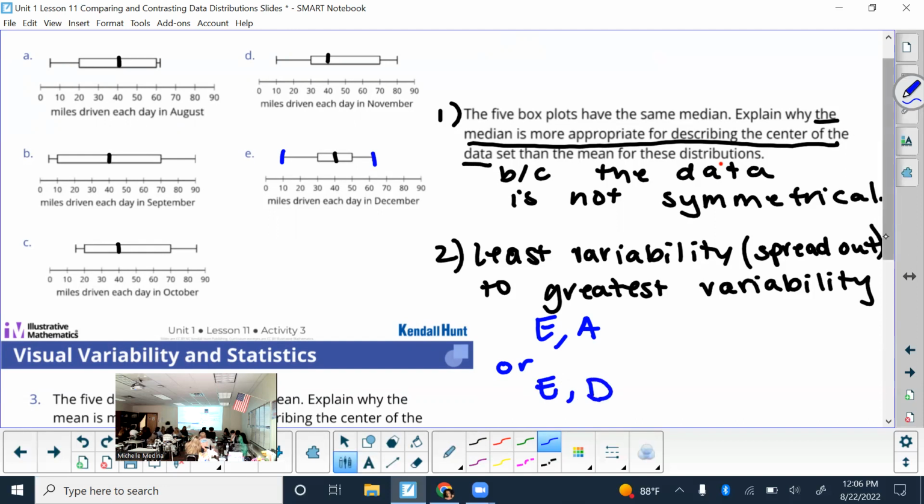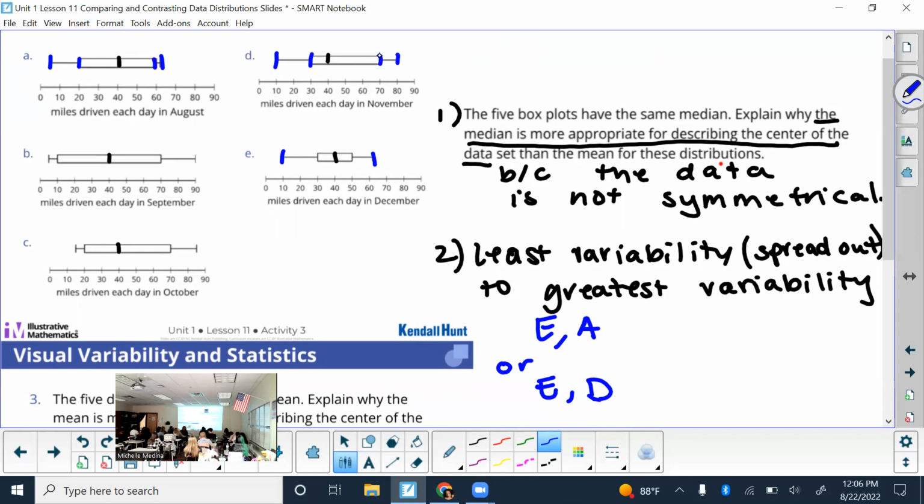So there's 2 options that are both correct. A and D are pretty similar when you're talking about spread out. Like you could say that this one's shorter, so it's the least spread out compared to that one. But you can also look at the box itself and do the IQR. So whether you're looking at the range or the interquartile range, you can make a good argument for both.